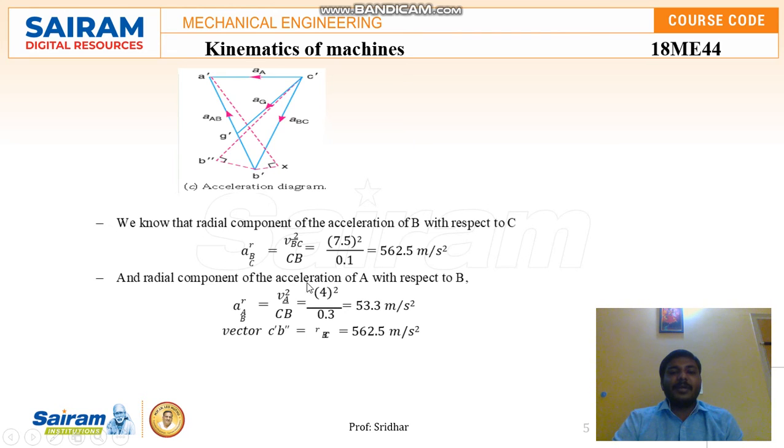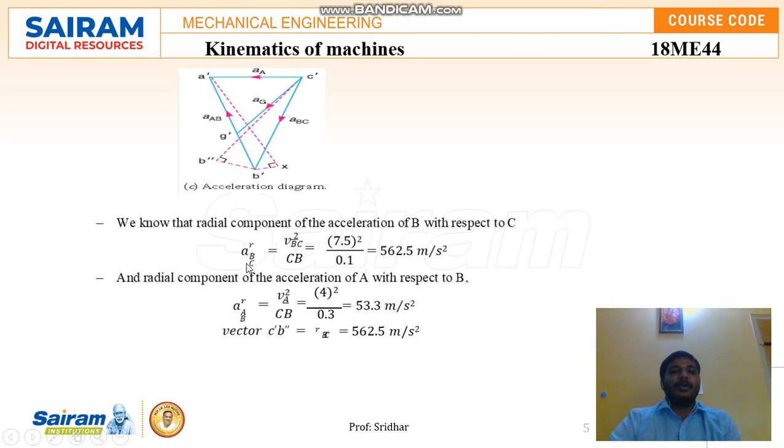The radial component of the acceleration of A with respect to B, R into AB, will be equal to vector A squared divided by CB, that is 4 squared divided by 0.3. Substituting, we get 53.3 meters per second squared. So the vector C dash B double dash, that is R, will be equal to 562.5, the value we initially got.